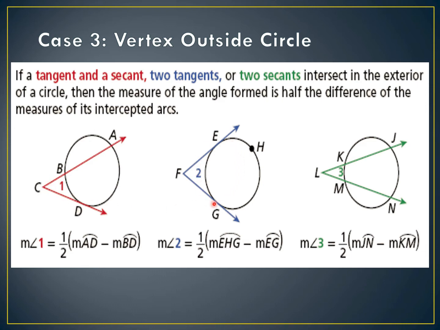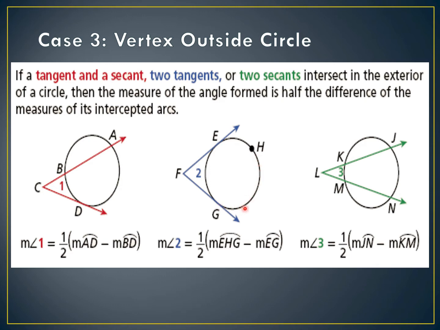Dito naman sa case na to, we have two tangents naman na involved. Nag-intersect outside the circle pa din. So, ganun pa rin. Kailangan natin isubtract yung mga intercepted arc na nasa loob pa rin ng angle. Pero yung case na to, makaka-create tayo ng isang buong bilog. Kadalasan, isang arc lang ang given. So, let's say given yung EHG.